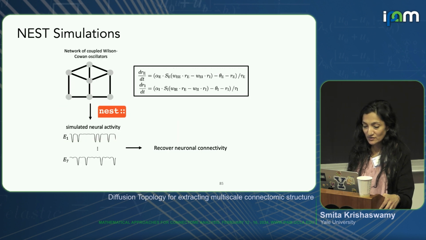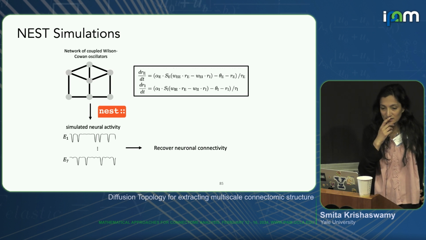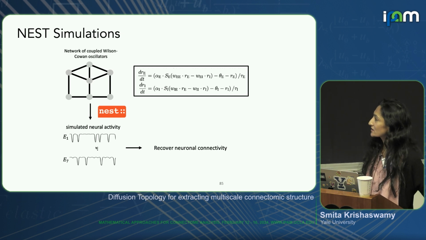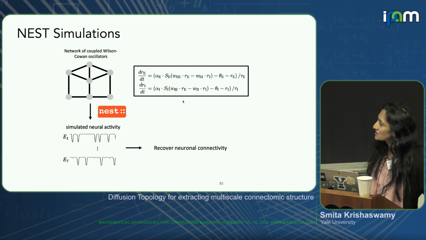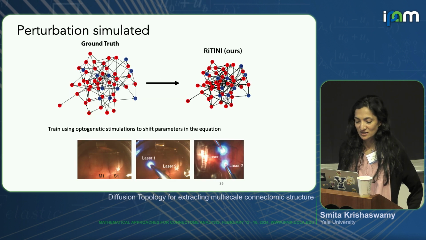So for neuronal simulators, we actually looked at the NEST simulation. These are these coupled oscillators that have these coupling equations, one for excitatory neurons and one for inhibitory neurons. Probably a lot of you are more familiar with this simulation than I am.